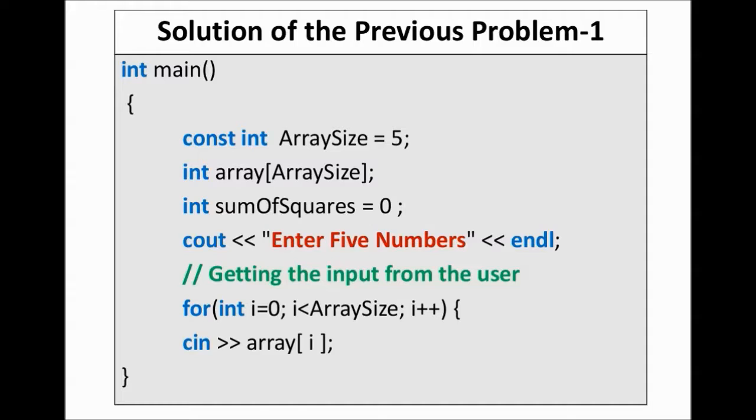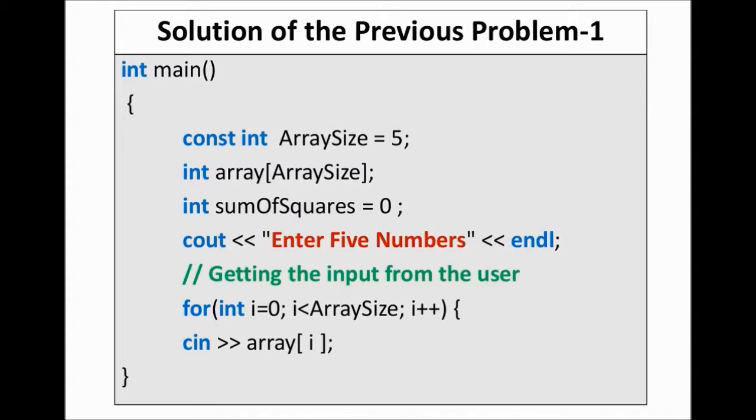First of all, we make the length of the array fixed, so we use the const keyword. We write const int array size is equal to 5. We declare a variable array size and give it a value of 5. Then we use this variable in our array for the length of the array.